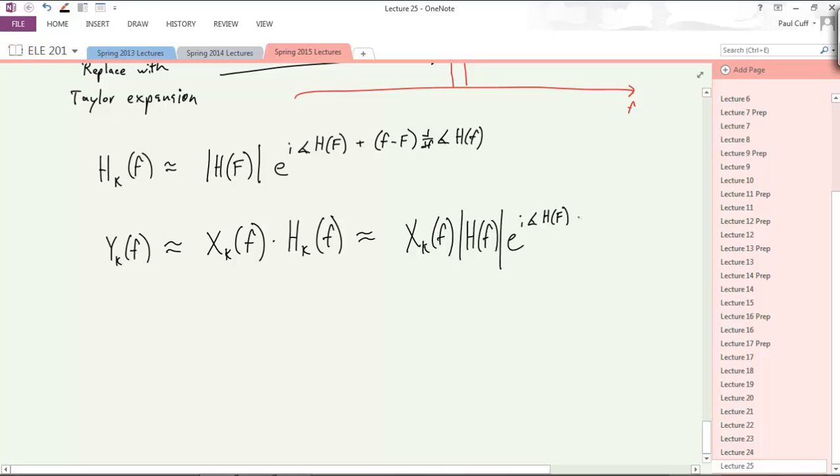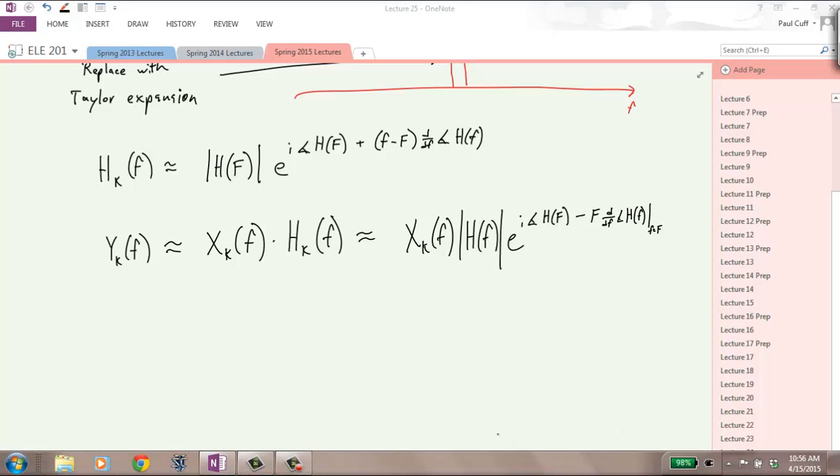And I'm also going to include the constant here. So it'll be minus capital F times the derivative of the phase, evaluated at capital F. So it's d/df of that phase evaluated at f equals capital F. Okay, but then we've got the last part here.